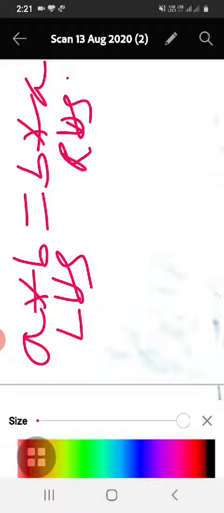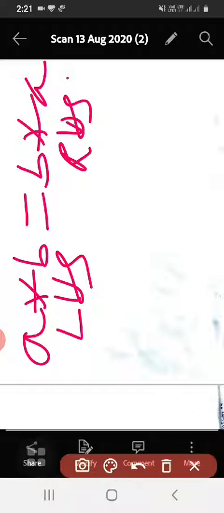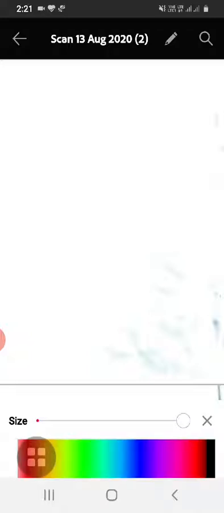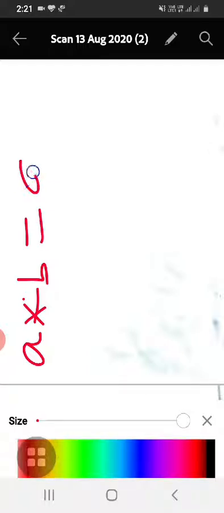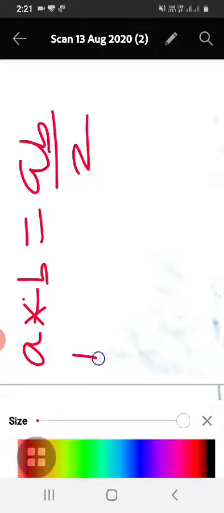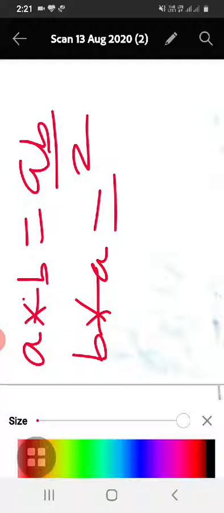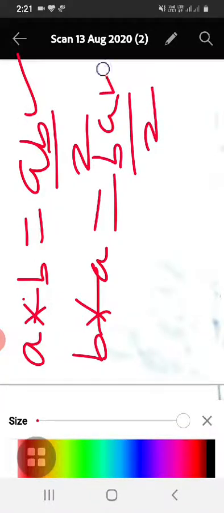So let us consider a star b. So what is a star b here? By the definition it is ab by 2. Then b star a, it is ba by 2. See here, ab by 2 is as good as ba by 2.